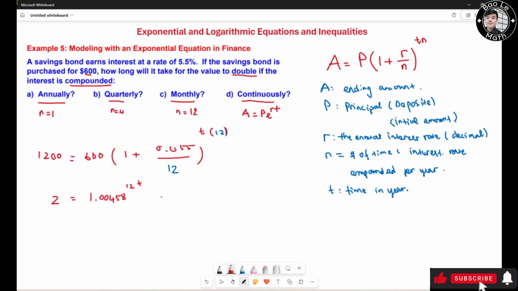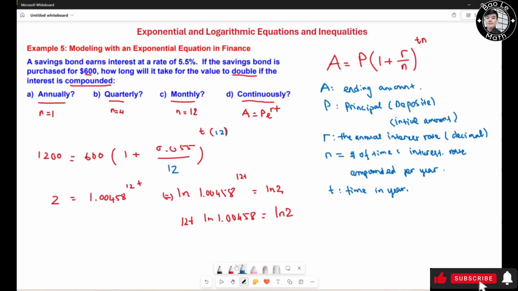And then take natural log both sides, so it could be natural log of 1.00458 raised to the 12t equals natural log of 2. And then bring 12t to the front. It's going to be natural log of 1.00458 equals natural log of 2.